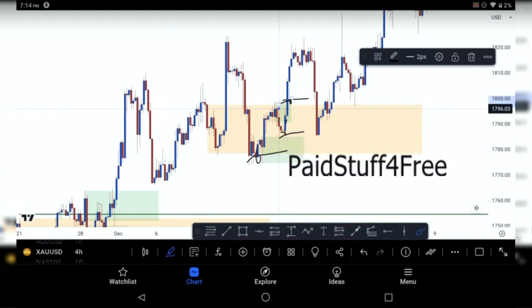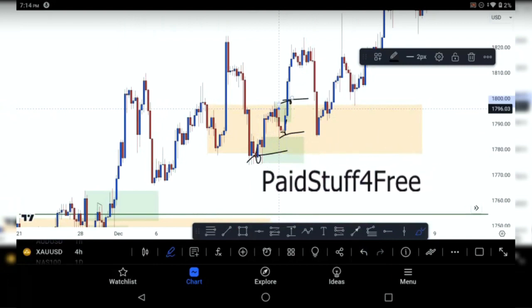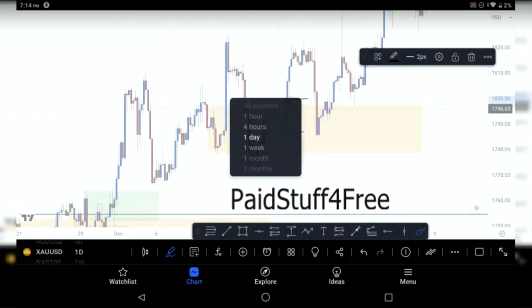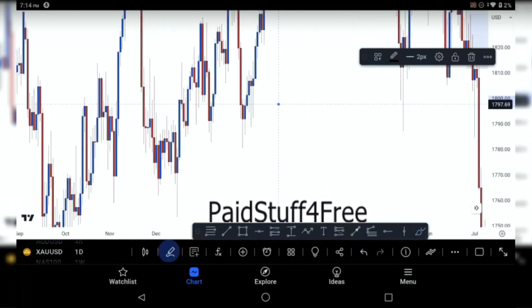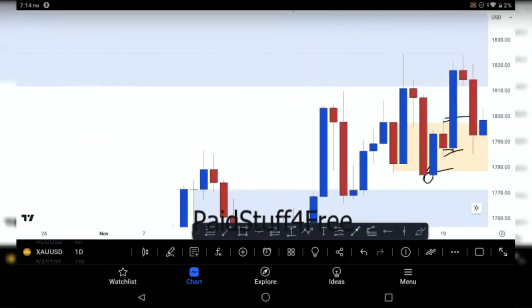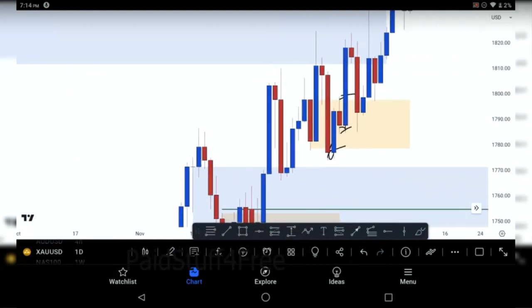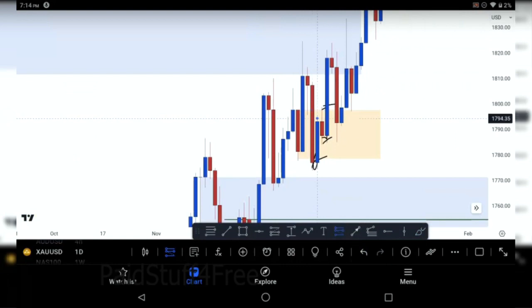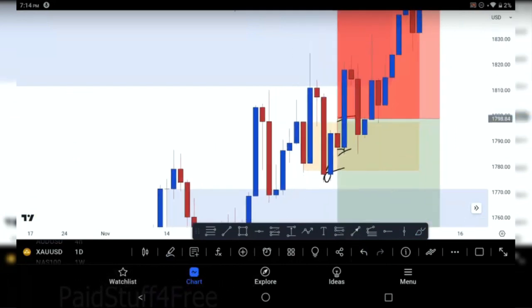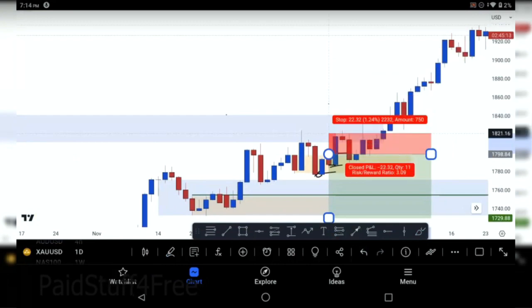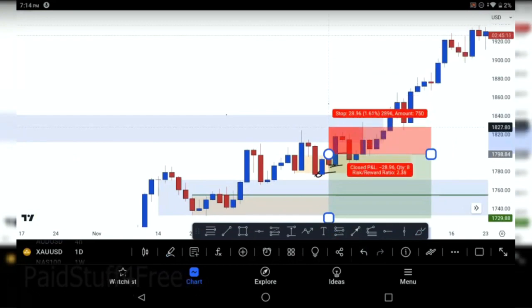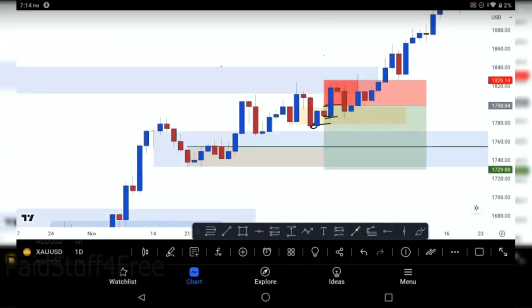To be very honest, if this setup on a daily time frame, this engulfing fail, happened on a 30-minute time frame, I would have just sold 50% of that candle, which is obviously here, and then my stop loss will be around here. It's going to be, let's say, 25 pips or less.